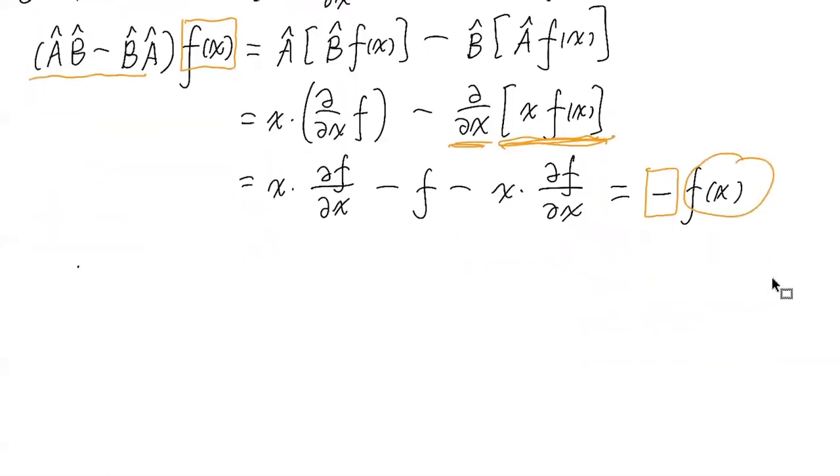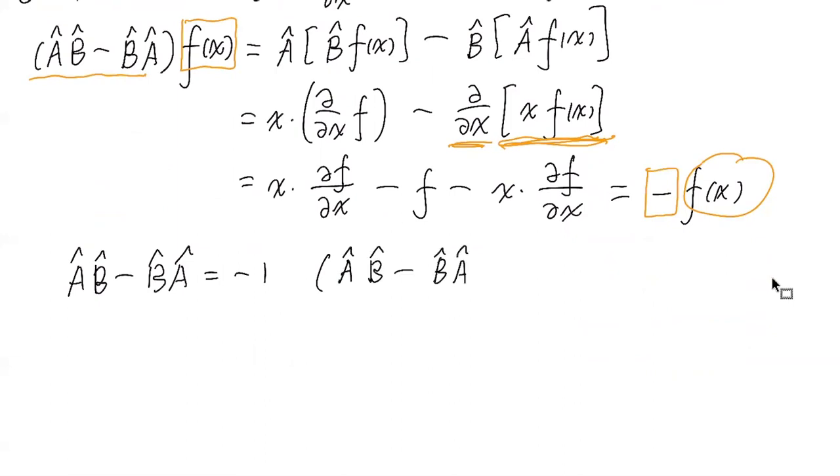So that means AB minus BA is equal to -1. Or another way to write this is AB minus BA is equal to negative identity operator, right? You can write 1 or you can use the identity operator. Both are fine, 1 times any function gives you this function. If you want to write in an operator form, then you can write 1 as an identity operator.